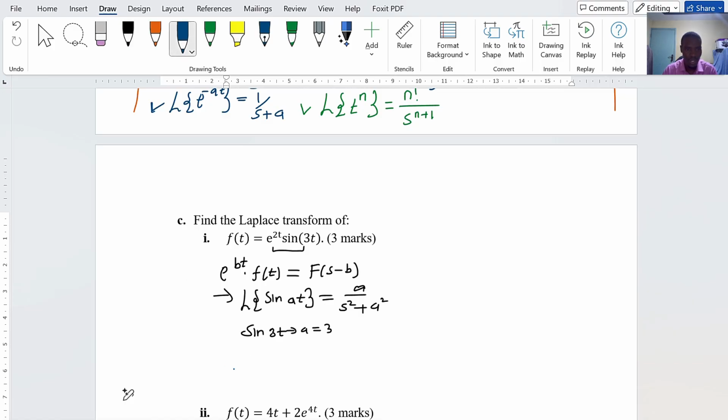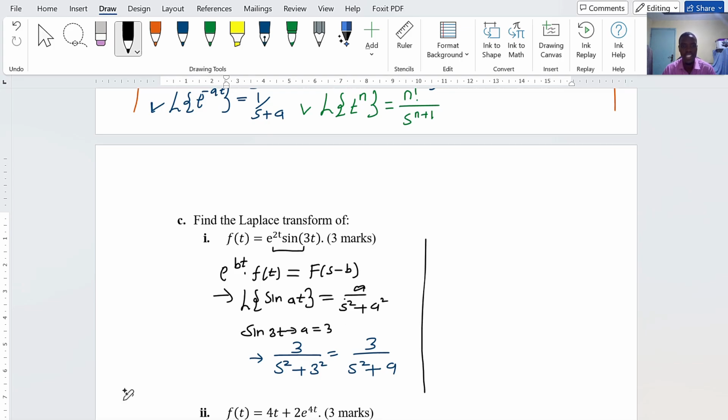So the answer will be 3 over s squared plus 3 squared, which is 3 over s squared plus 9. Now you see how it is easy once you know the standard.